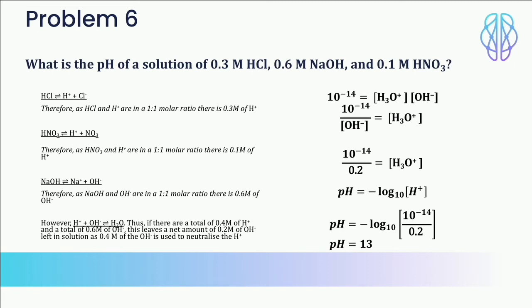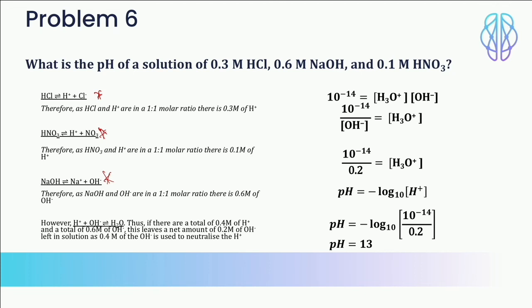As always, the first thing I want you to do is write down your dissociation equations, which I've done here. So HCl dissolves to form H+ and chloride, nitric acid, H+ and NO3-, sodium hydroxide to form a sodium ion and a hydroxide anion.